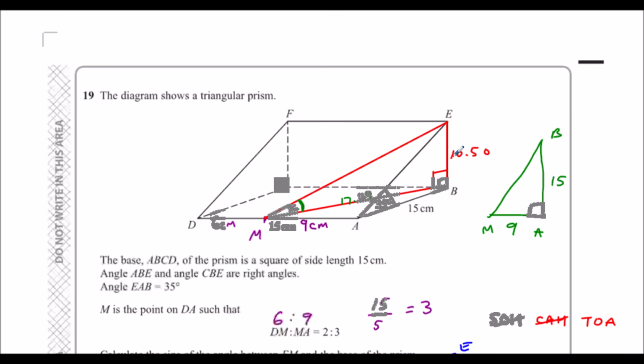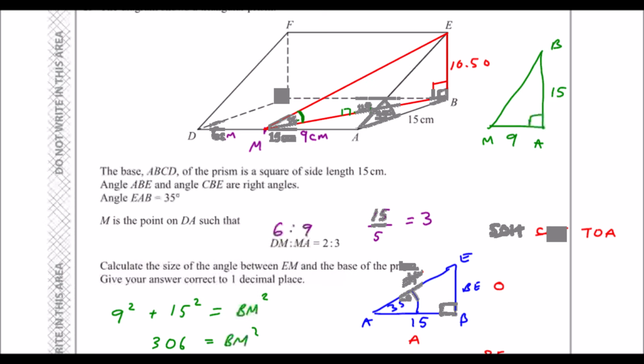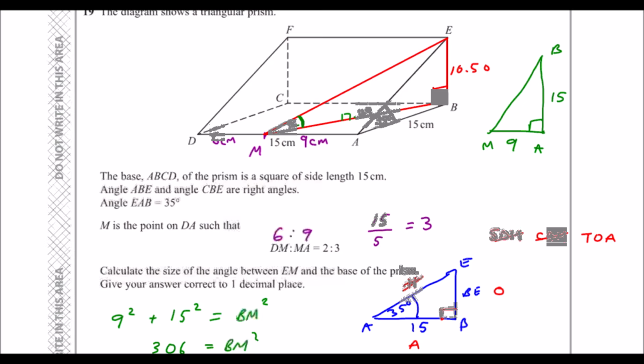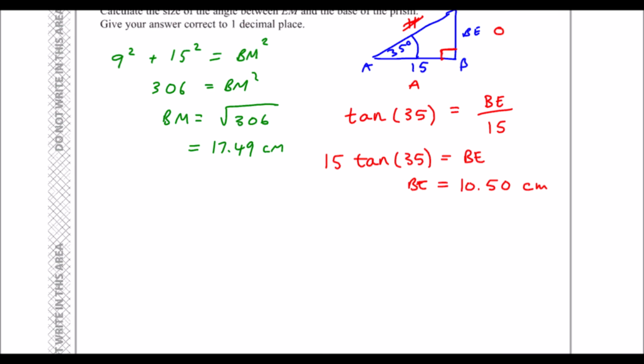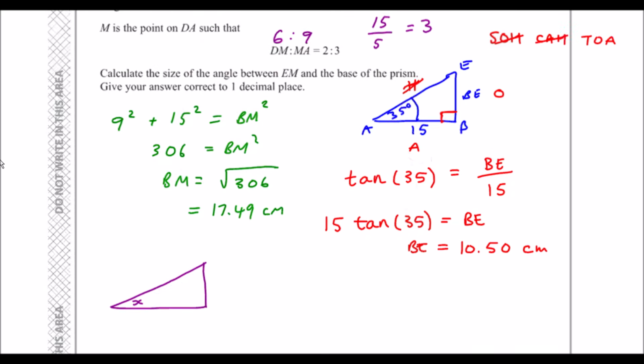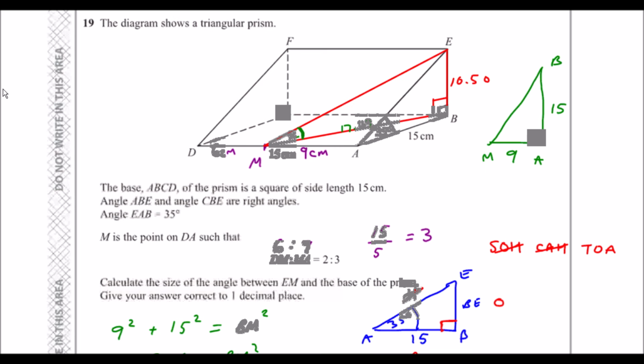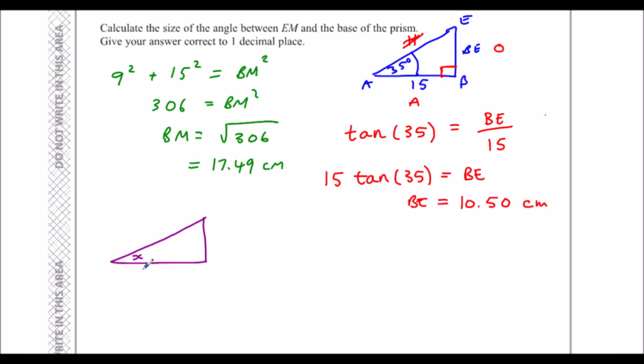And now we've got another right angle triangle, and we're going to find X this time. One more right angle triangle. We've got our X, we've got 17.49, 10.50.